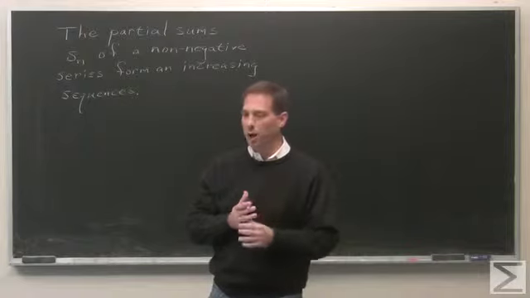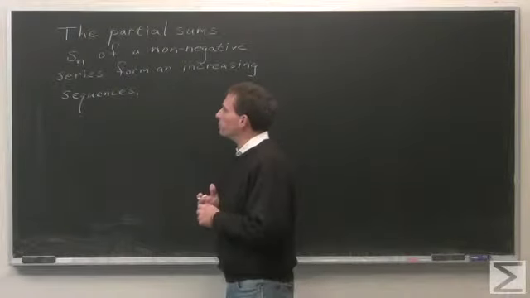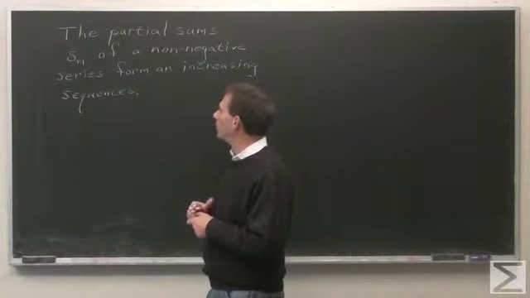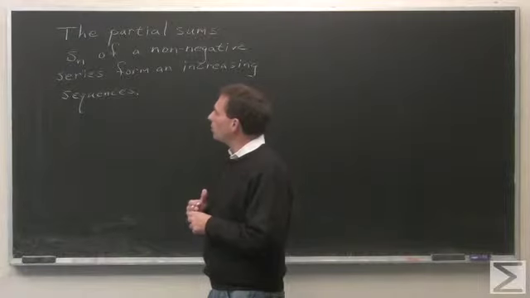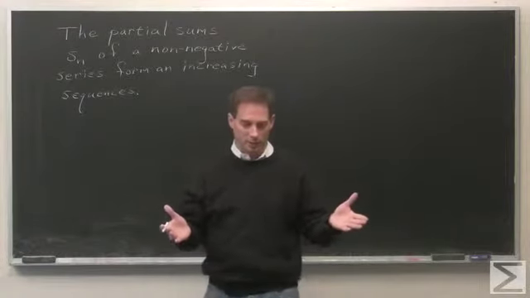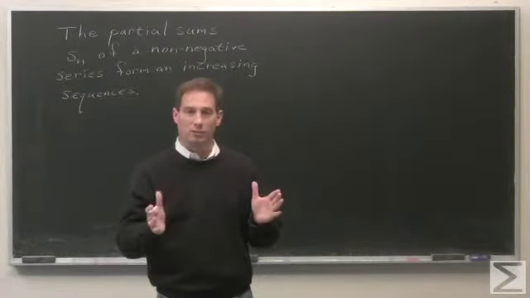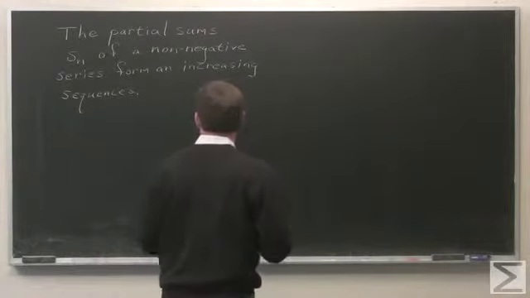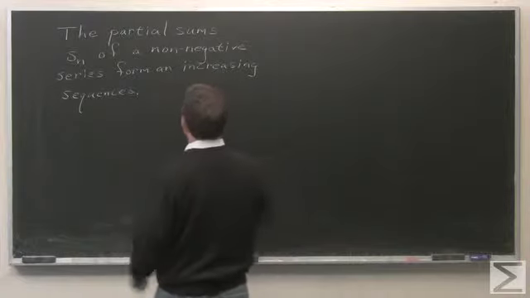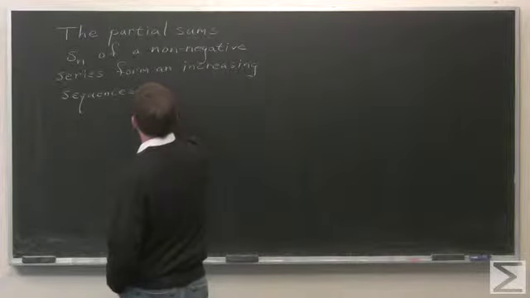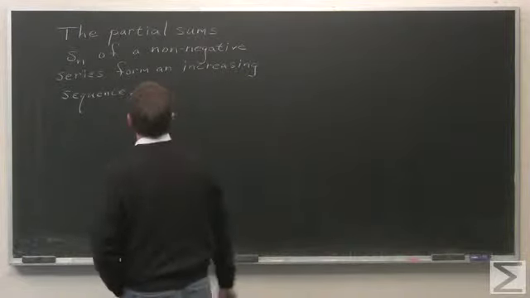It's one of the defining properties of the real numbers. It would converge to the least upper bound. Or the sequence is not bounded above, and that means that the sequence goes to positive infinity since it's increasing.